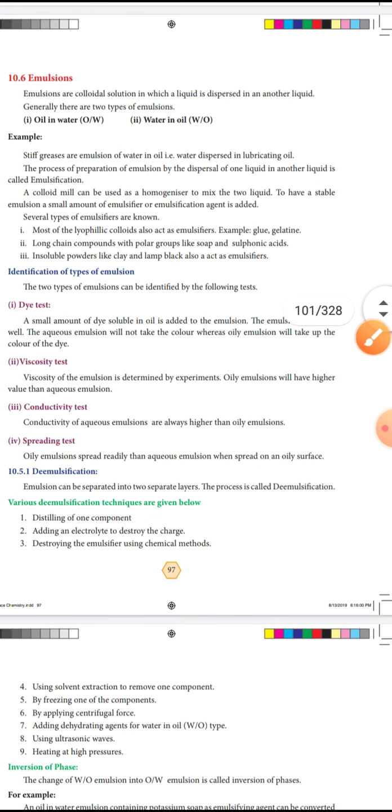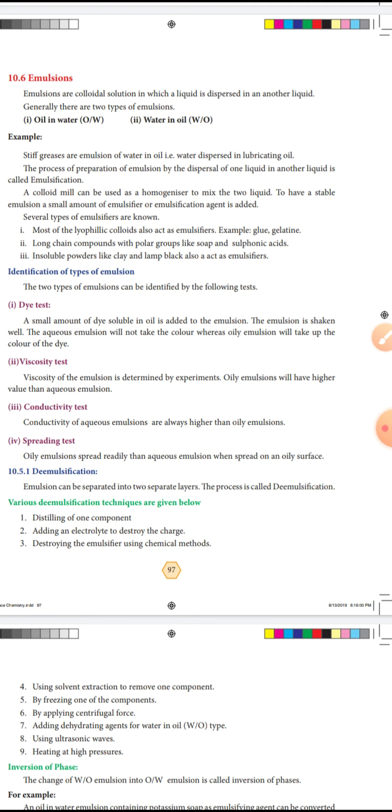Next, let us learn emulsion. An emulsion is a colloidal solution in which a liquid is dispersed in another liquid. There are generally two types of emulsion.